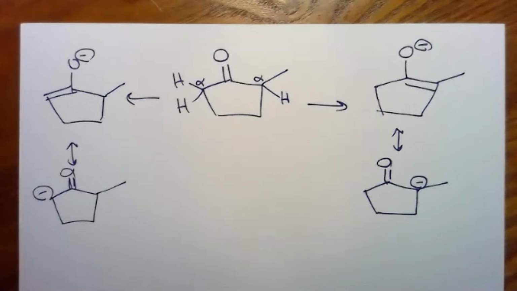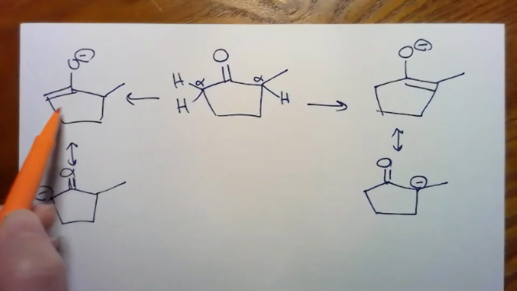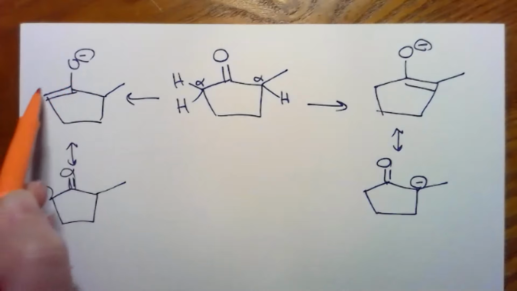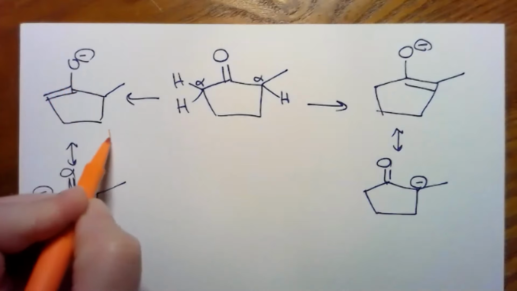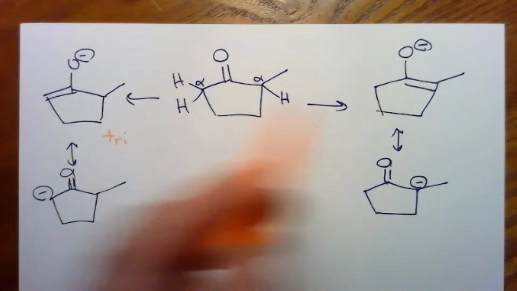Do you remember when we talked about kinetic and thermodynamic stuff, and we talked about 1,2, 1,4 addition stuff? We looked at the alkene to figure out the stability. This is a tri-substituted alkene. The oxyanion is a tri-substituted alkene.